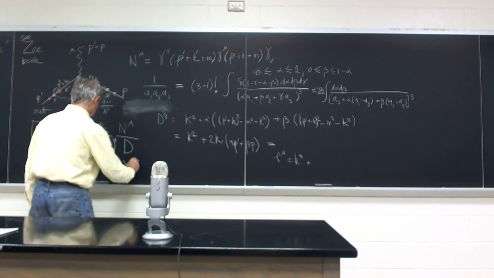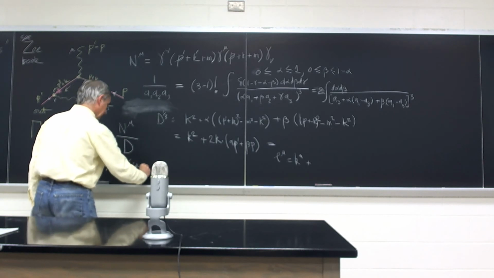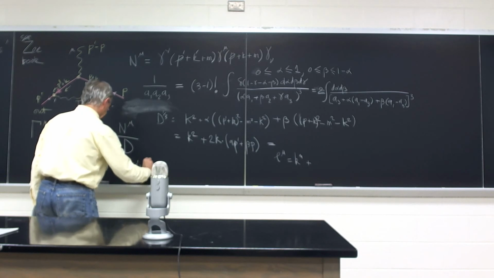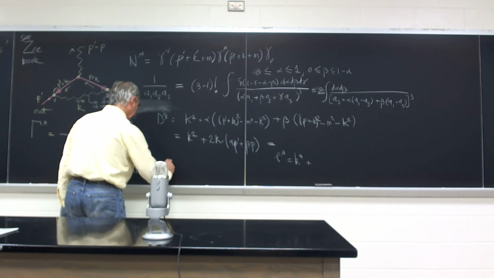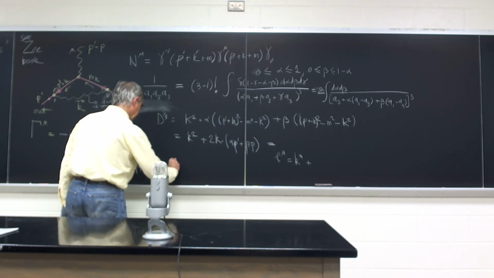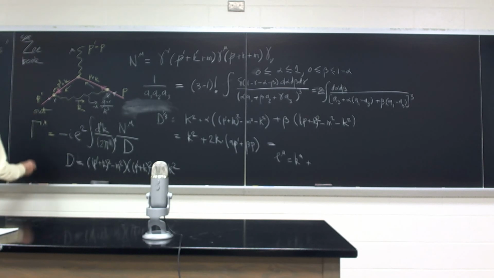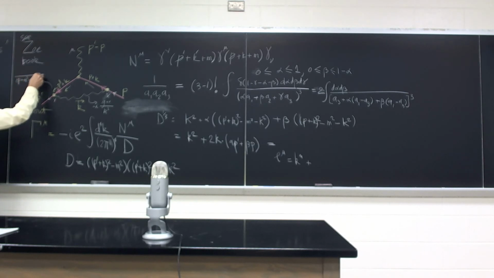The second one is p prime plus k squared minus m squared, and the third one just gets k squared. And here I've used that the propagator has a form p squared minus m squared plus i epsilon. And it turns out we won't have to worry about i epsilons in this calculation.